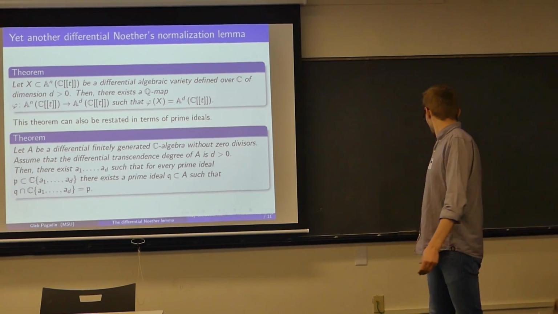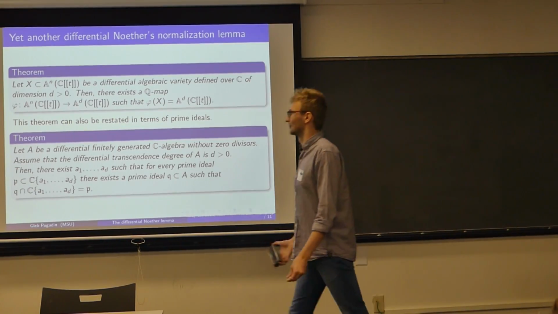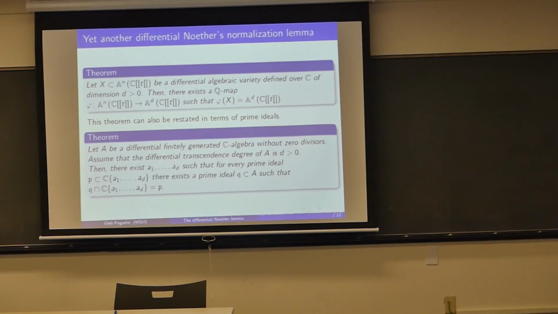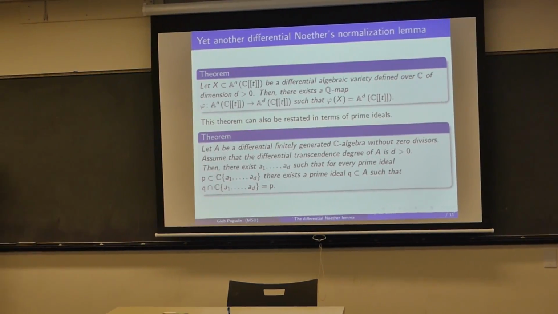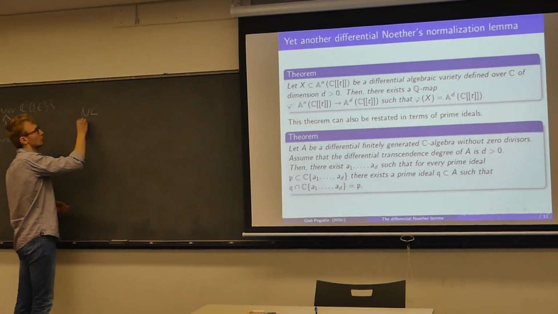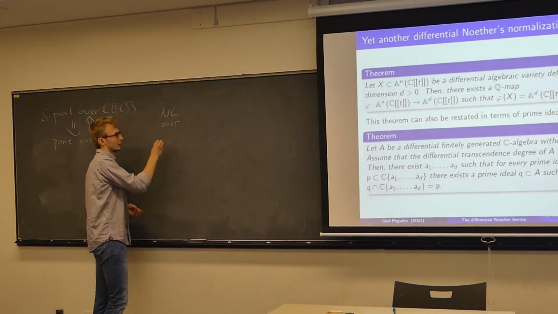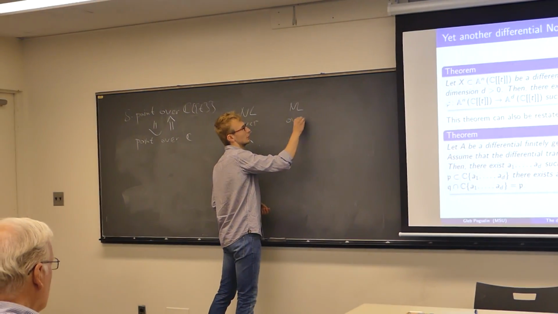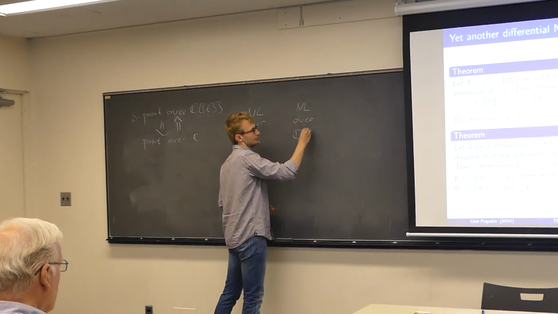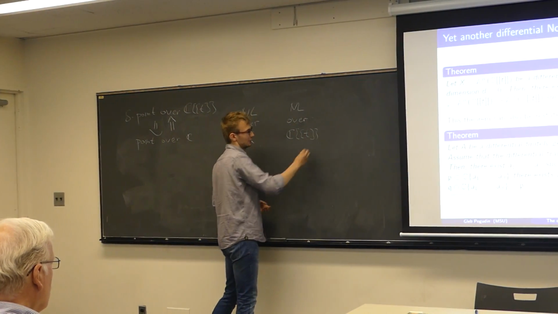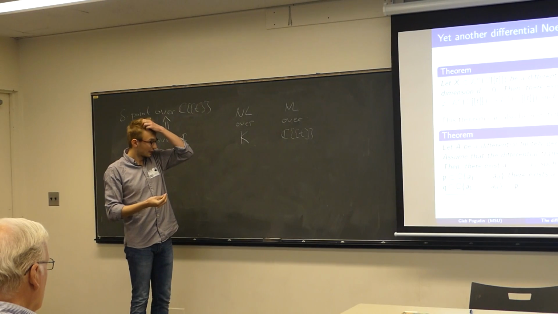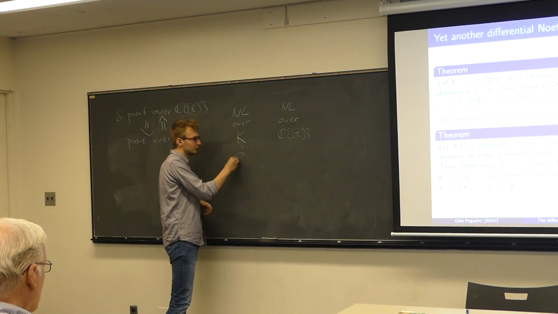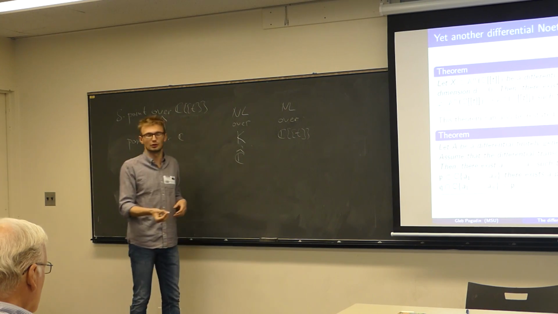Okay, so what I did, I wanted to compare. So I have another lemma over the differentially closed field, and I have a lemma over power series. In order to have a correct comparison, let us assume that this K is a differential closure of power series.